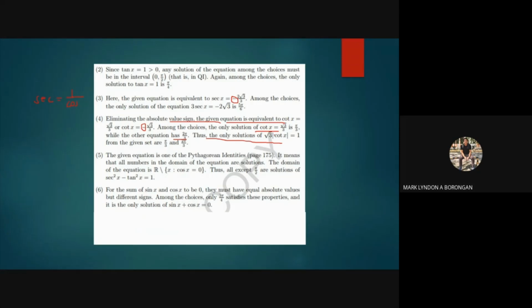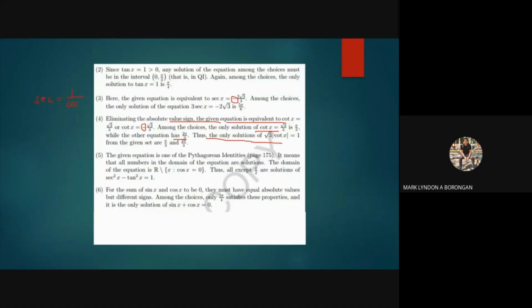Next, the second to the last example: secant squared of x minus tangent squared of x is equal to 1.